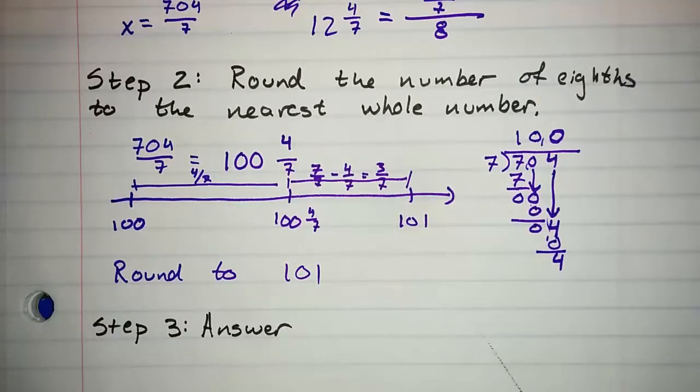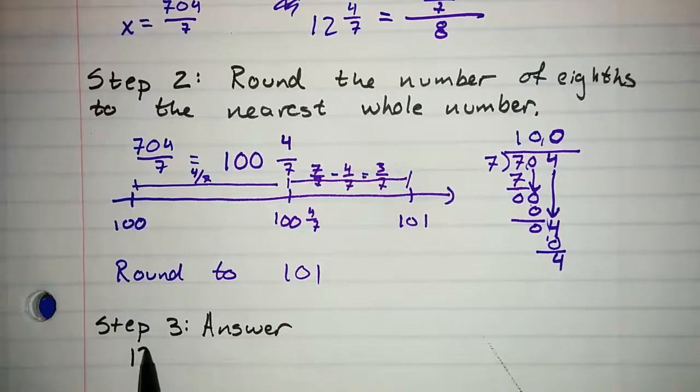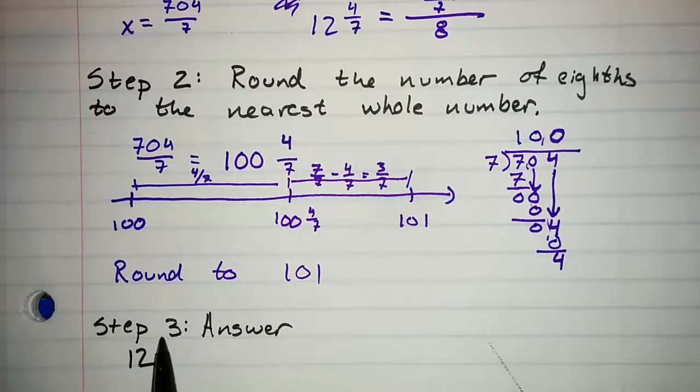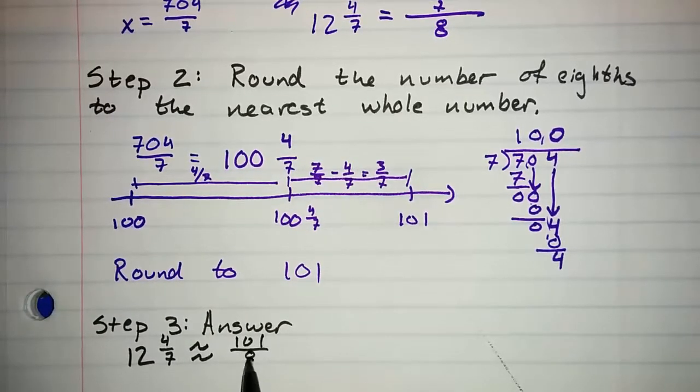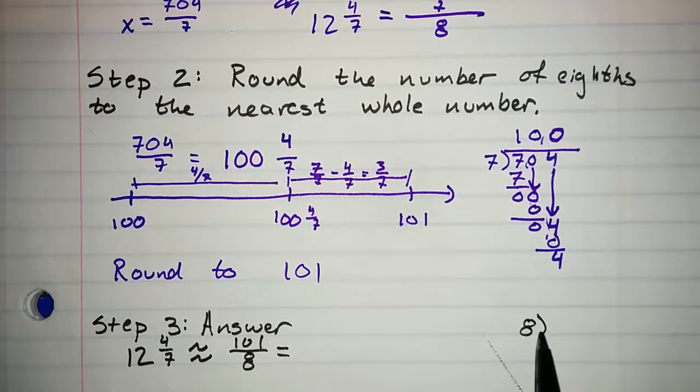Right? So let's see. Our 12 and 4/7, we rounded it. That's about 101/8. You know, I suspect we're in an environment where mixed numbers make sense. So let's make this into a mixed number. 8 goes into 101. 8 goes into 1?